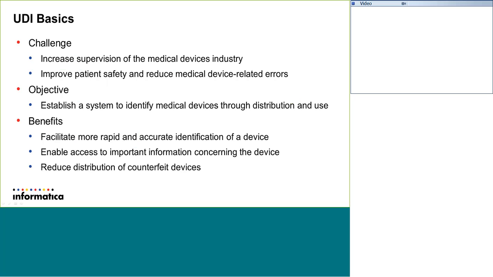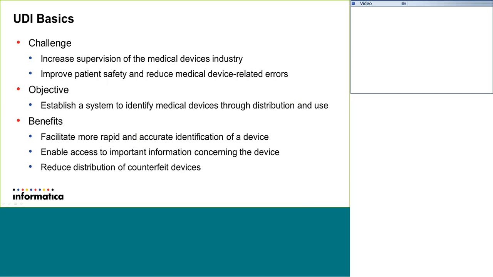Medical devices distributed in the US don't have a standard system of identification and tracking. As a result, medical device information is fragmented, inaccurate, and inconsistent, and this leads to slow, inefficient recalls and unreliable adverse event reporting and tracking. Eventually, it could also lead to poor healthcare decisions.